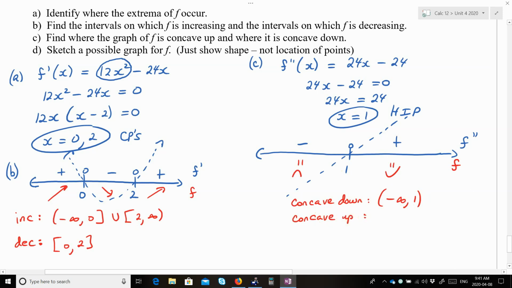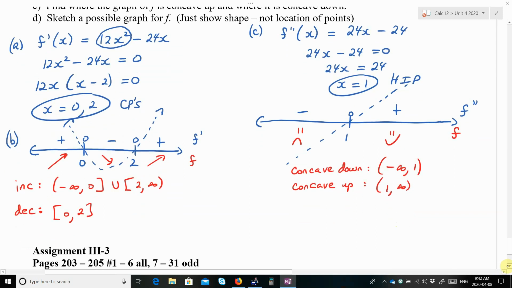Okay, and our original graph is concave up on the interval 1 to infinity.